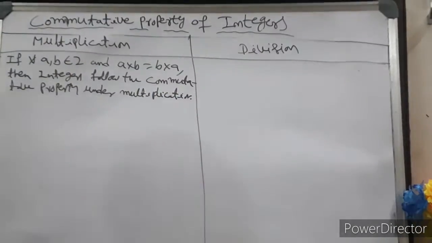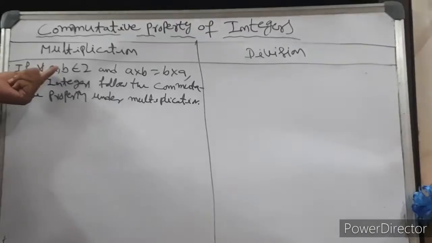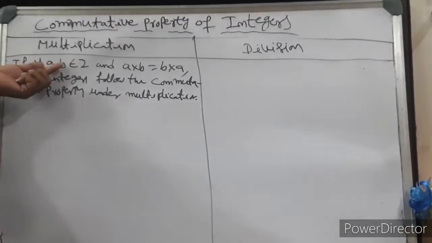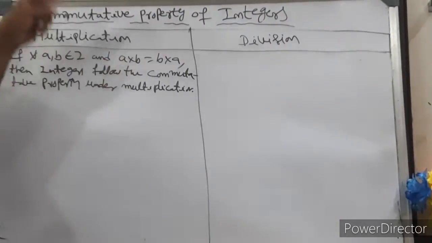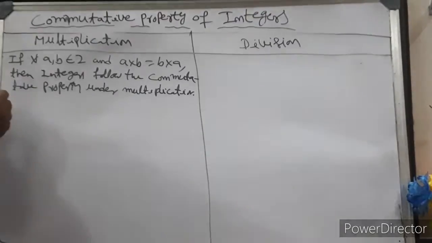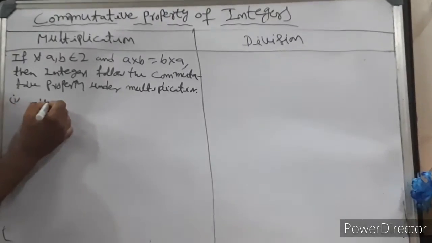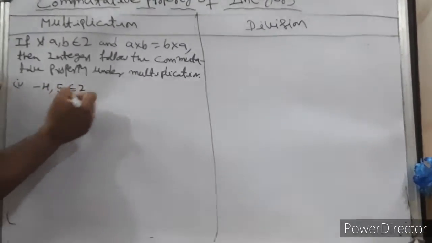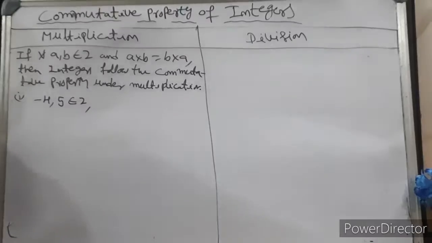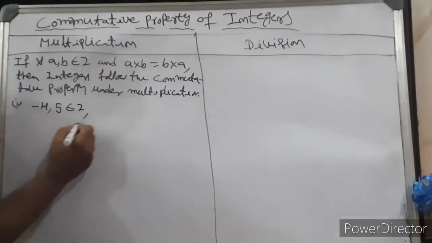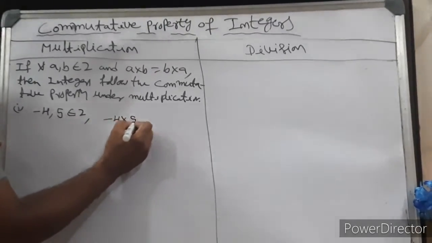Now you check this property under multiplication by taking some examples. For any two integers A, B belonging to Z, A into B equals B into A. Taking some examples: minus 4 and 5 belong to Z. Taking minus 4 as A and 5 as B, A into B means minus 4 into 5.